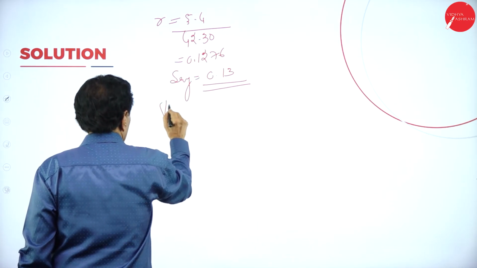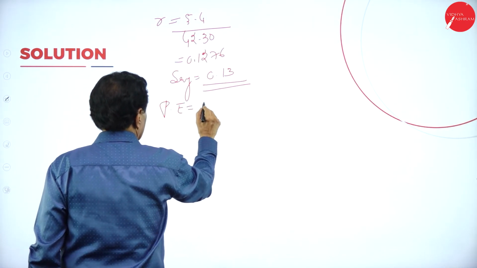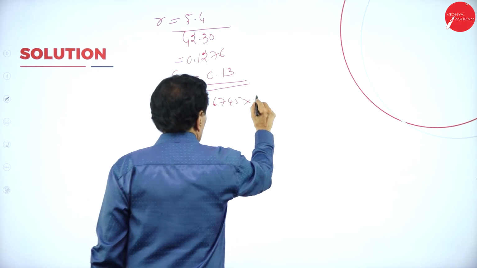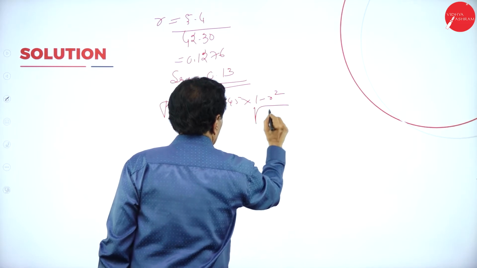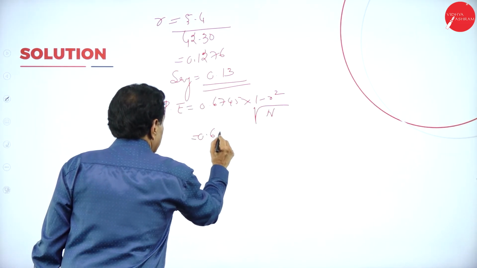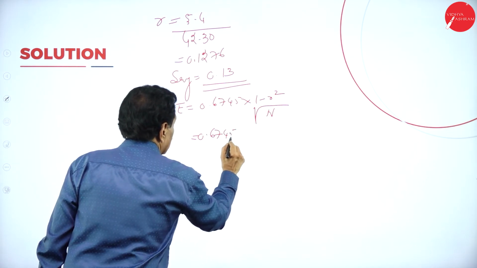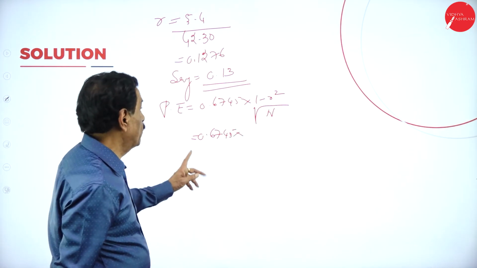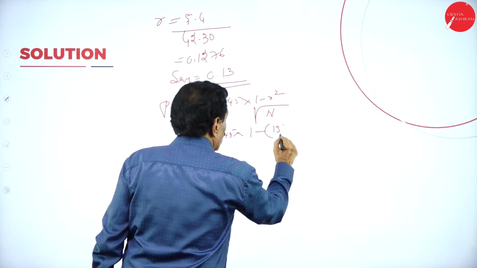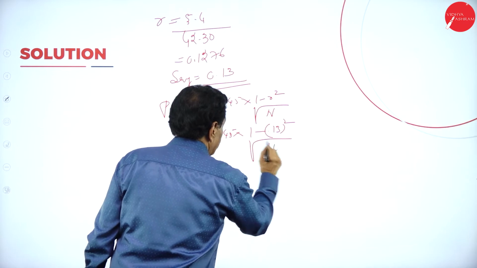Probable error is equal to 0.6745 into 1 minus r square divided by root n. This is 0.6745 into 1 minus 0.13 whole square, over root of 10.